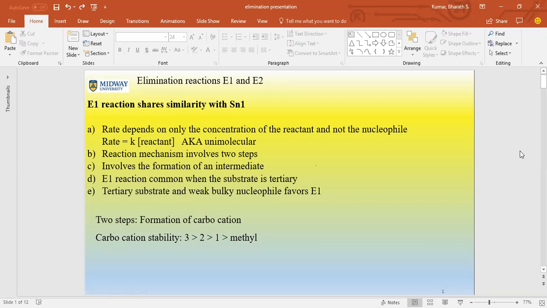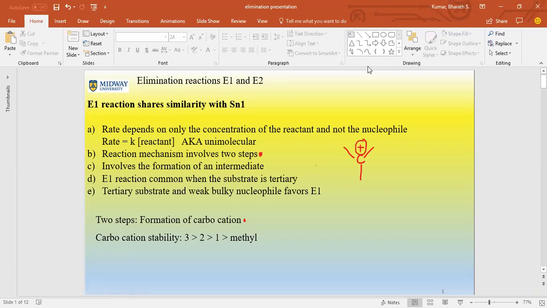The reaction mechanism involves 2 steps, and this is directly related to this. When we learned about our SN1 reactions, we learned that SN1 reactions go through the formation of a carbocation. Now, what did we learn about a carbocation? It is a carbon attached to 3 bonds and a positive charge.